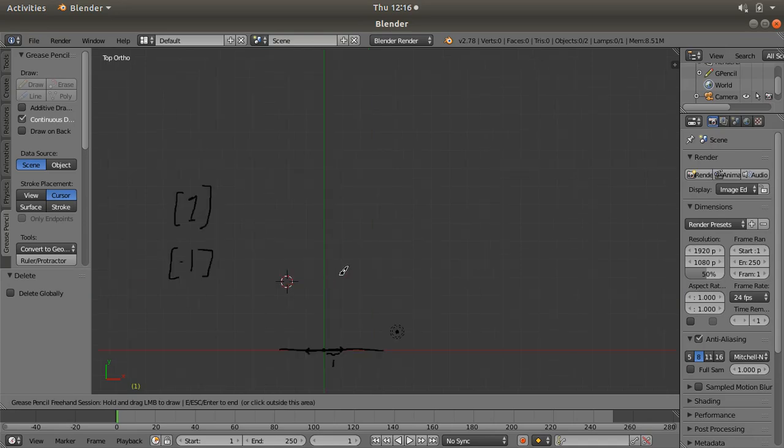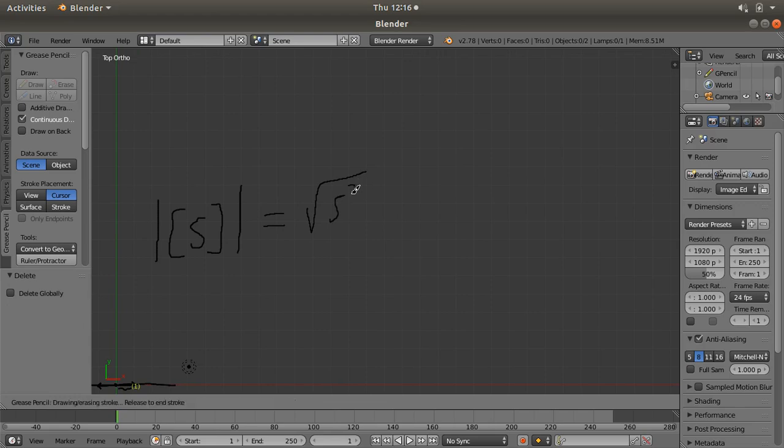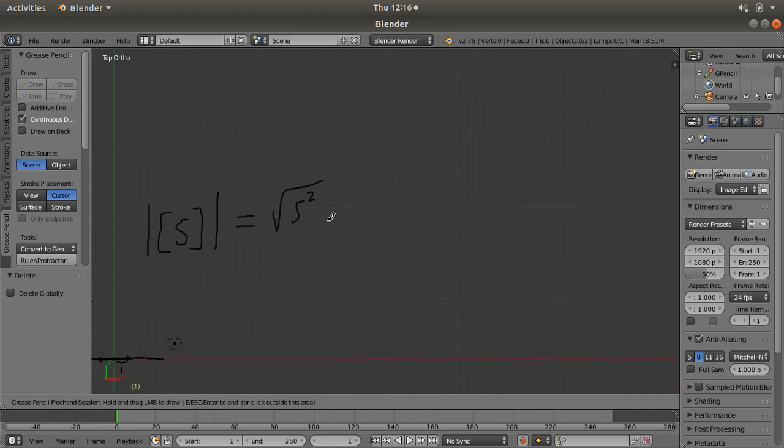So let's take a vector like 5 and figure out its length. To find the magnitude of the vector 5, we take the square root of the sum of each component squared. There's only one component, so the square root of 5 squared is equal to 5.